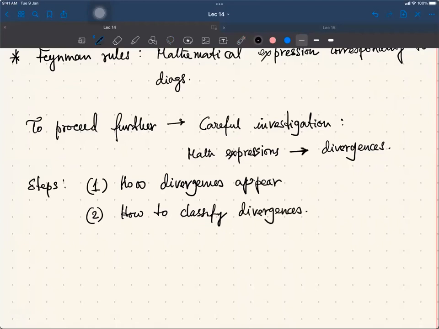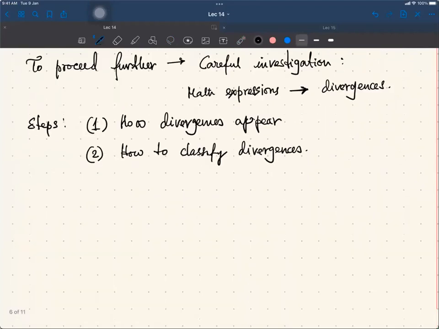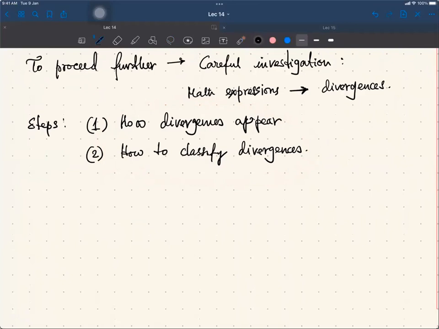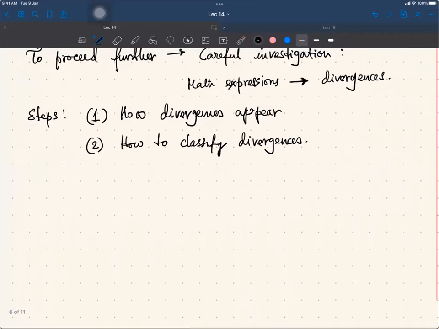And then we will proceed further to deal with what we should do with this theory after understanding the pattern of the divergences that appear. So in this lecture and the next, this is what we aim to achieve. And so let us begin the discussion of divergences in Feynman graphs.